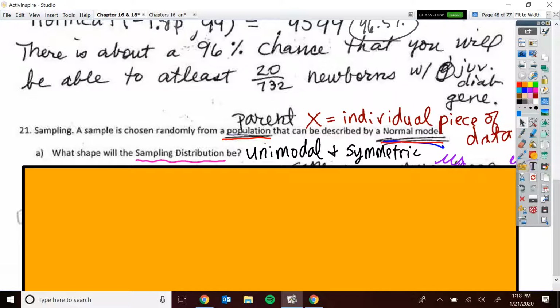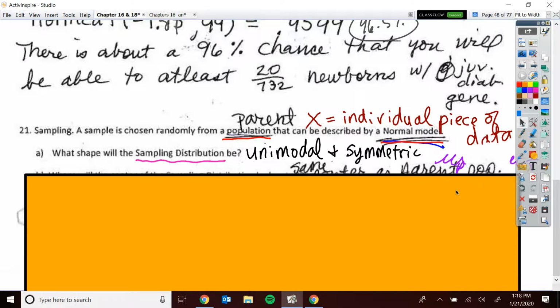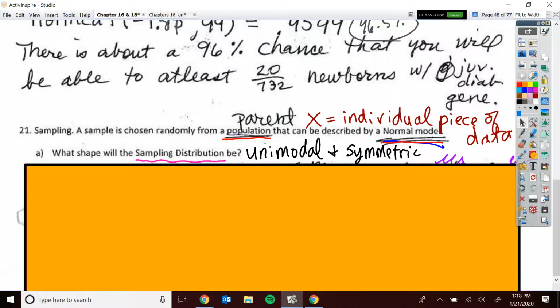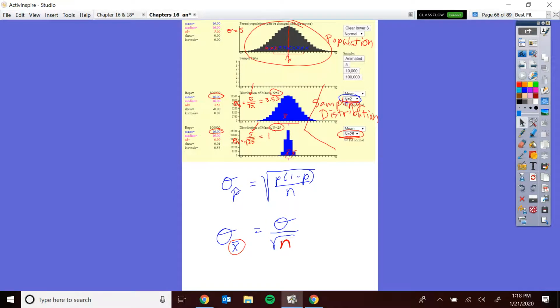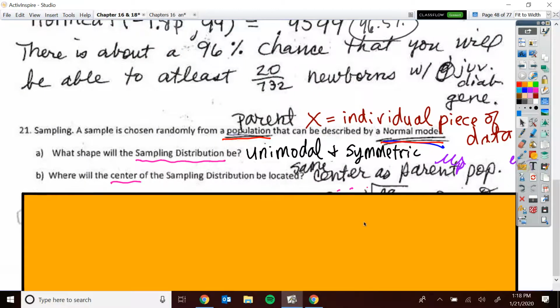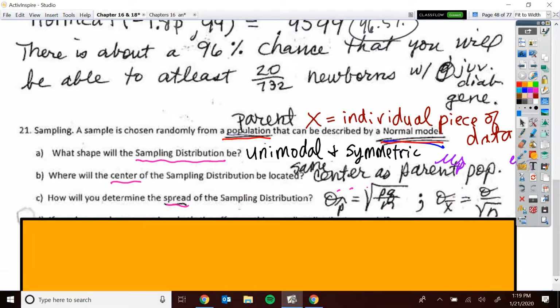Okay? Where will it be centered? Where is the center of these sampling distributions? The same as the population. Very good. Same center as the population. How about the standard deviation? I went ahead and put the formulas down, so that's the spread that you would have.